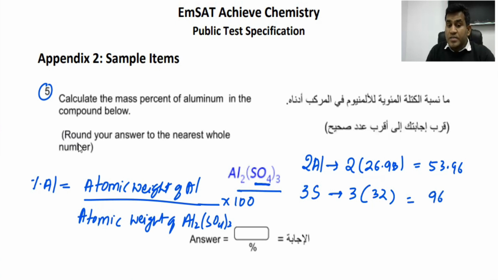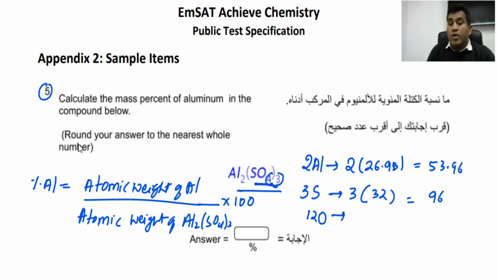And how many oxygen atoms are there in this? This subscript should be multiplied with the subscript of the oxygen. This 4 is only with oxygen, SO4. So the total number of oxygens will be 4 times 3, that is 12. How are we getting that 12? Multiply this subscript with this.